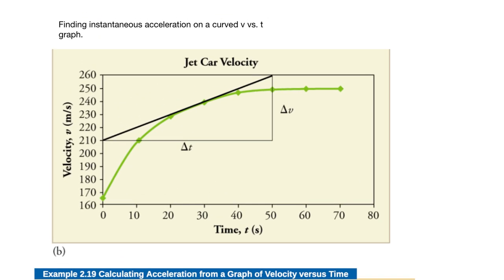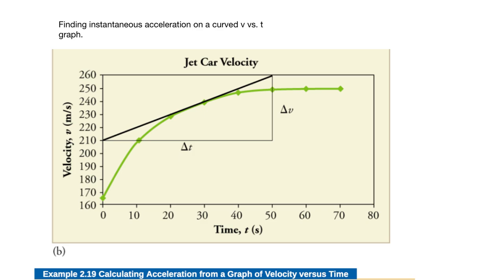Okay, if you need to find the instantaneous acceleration, you're going to have to draw a tangent. And we can do this with our lab equipment, but I'm not going to have you do this on an actual test because, you know, it's hard to draw a tangent.